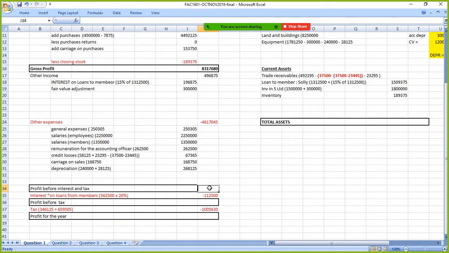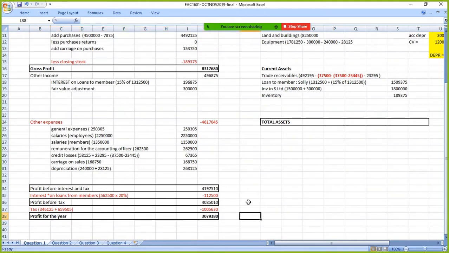All right, profit before tax and interest, this plus that minus the expenses gives you that figure. This minus that, this minus that. There's your profit for the year.